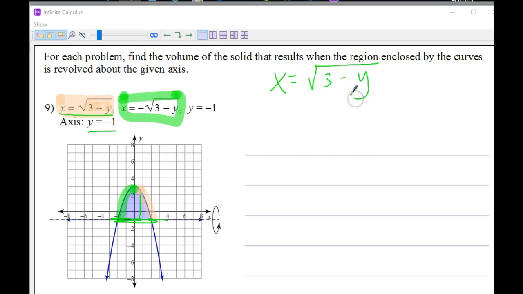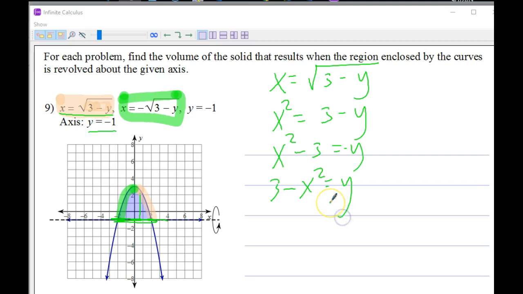All right, so what do I do? Square both sides. Next, subtract 3. Next, divide by -1. Now, there's another one over there, right? But they're going to give the same thing. Do you guys see that?